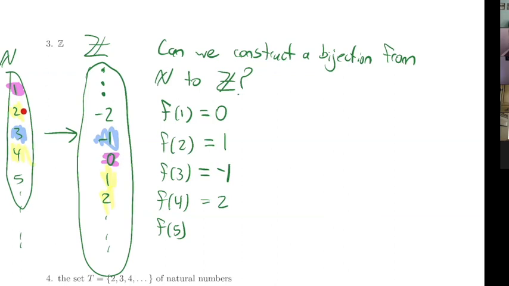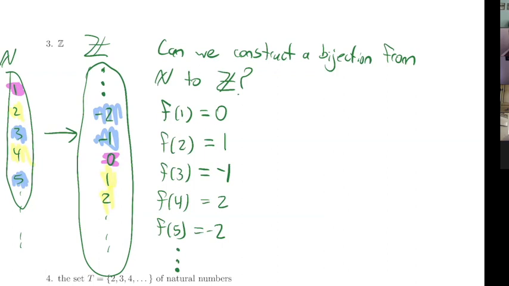Then I'm going to take the next natural number 2 and map it to 1. Then I take the next natural number 3, make sure I'm also hitting the negative values. And then take the next natural number 4, going to map that over to 2. And now we've got a pattern going here. I can take 5, map that to -2. And so on. The next one, 6 would go to 3, and 7 would go to -3, and so on, and so on.